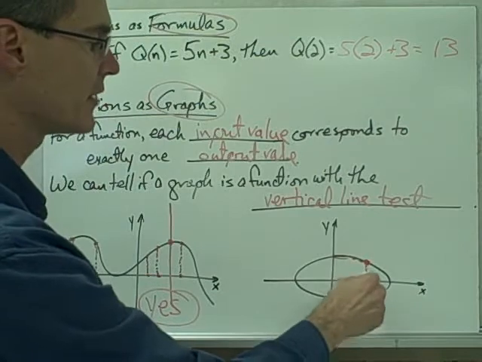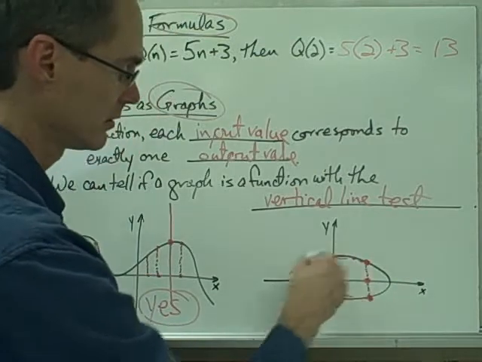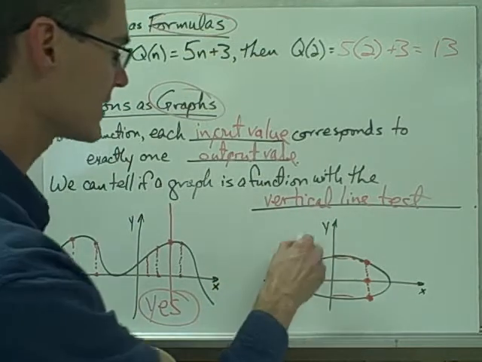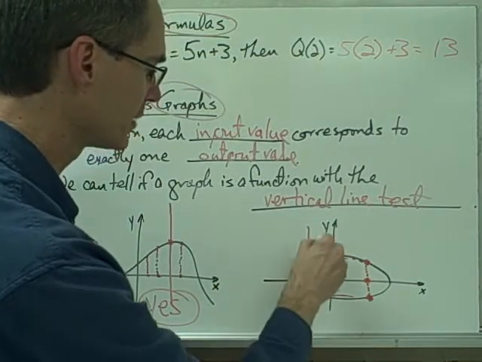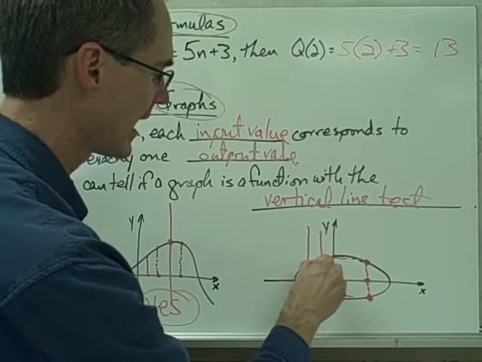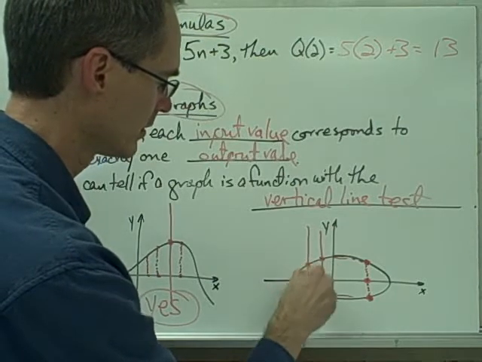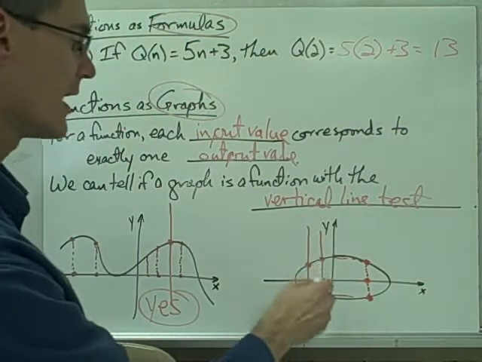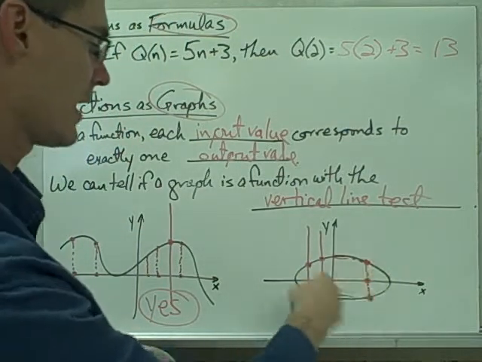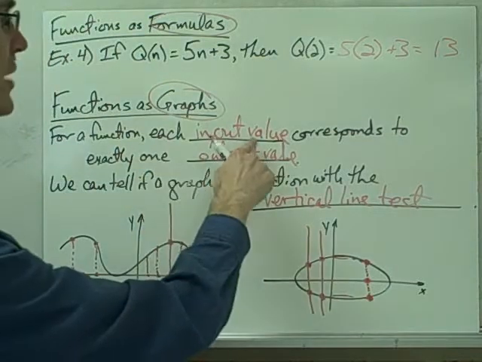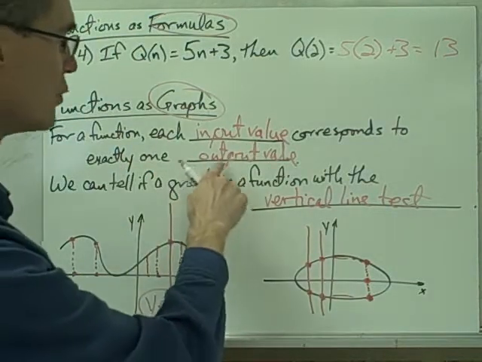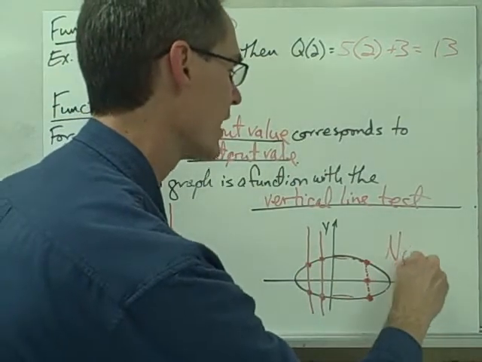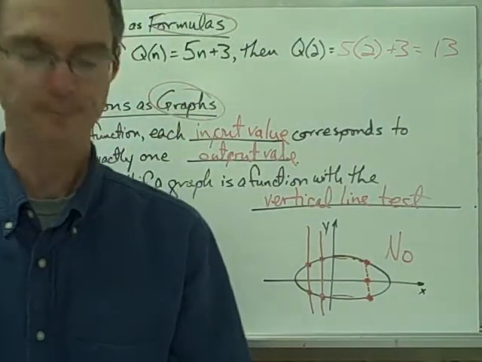So right away I know that this relation expressed by this graph cannot be a function because it fails the vertical line test. In fact, there are a lot of other places where I could draw a vertical line and it's going to hit my graph in more than one place. So here's an example where for each input value it corresponds to more than one output value. So I know that no, this graph does not represent a function.